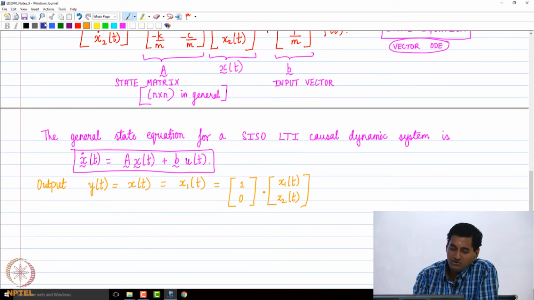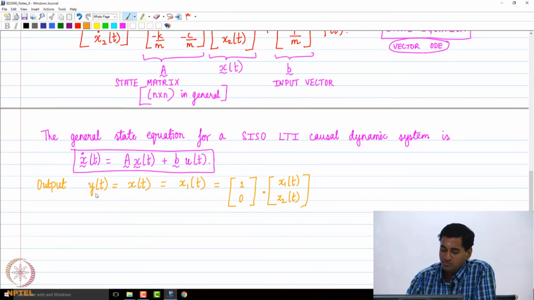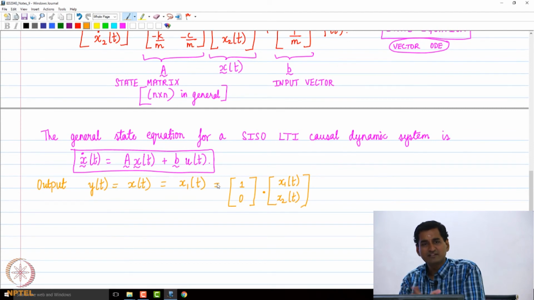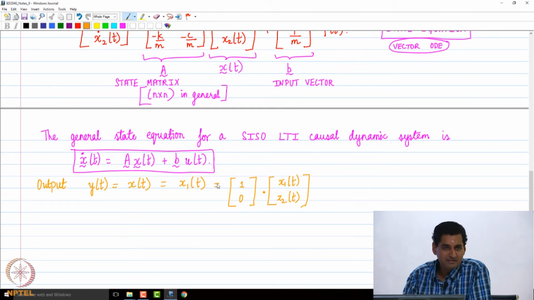So, we immediately see that my output is equal to the first state variable in this example, which can be obtained as a dot product of a vector and the state vector. I choose the first vector 1, 0 appropriately, depending on what my output is. Since we are dealing with a linear system, the output is going to be a linear combination of the state variables. So, the vector with which I take the dot product will be appropriately varying. In this example, it is 1, 0.